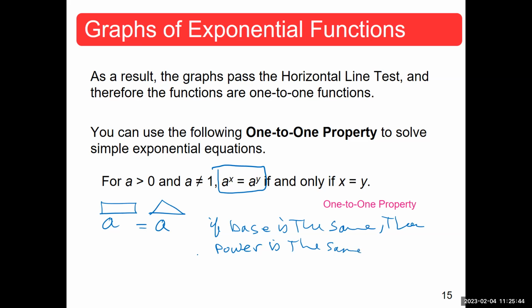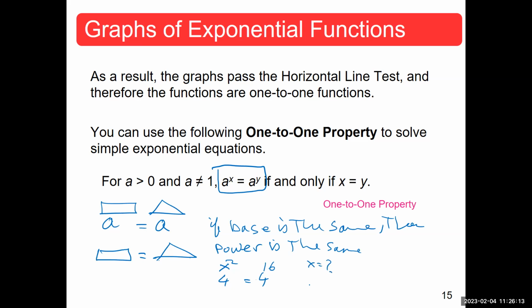What does that mean? We're going to say whatever is in the power equals whatever is in the power on the other side. That's called the one-to-one property. Small example here. If I say 4 to power x squared equal 4 to power 16, what is x?